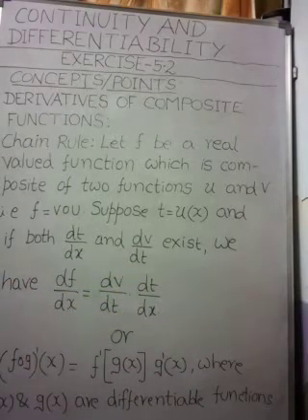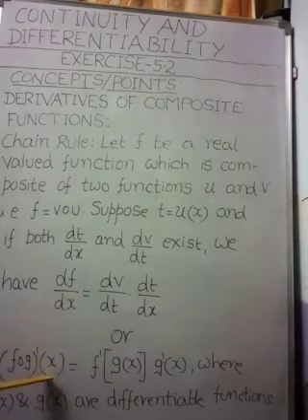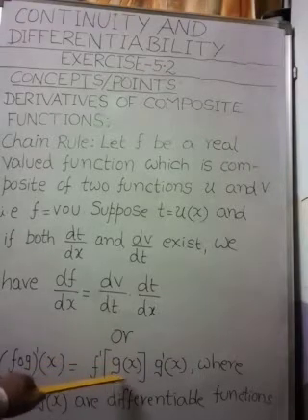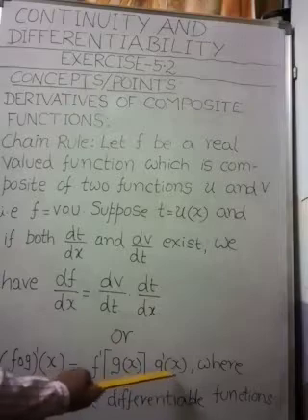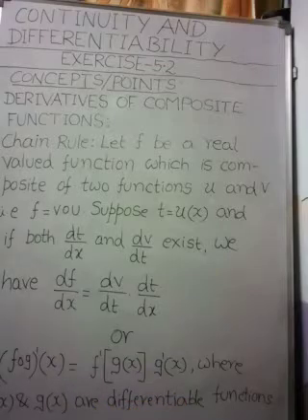This is called the chain rule. Otherwise, (f circle g) dash of x, the composition of two functions f and g, is equal to f dash of g of x into g dash of x, where f of x and g of x are differentiable functions.